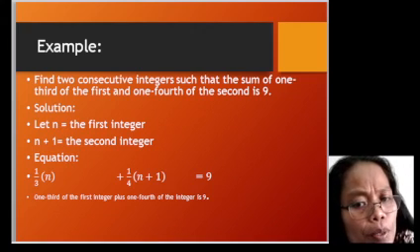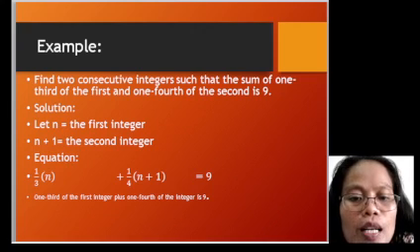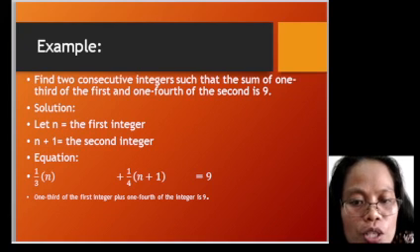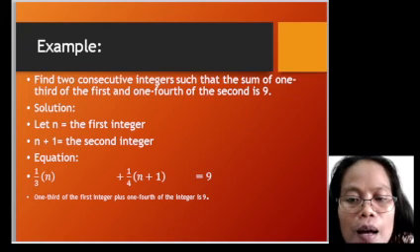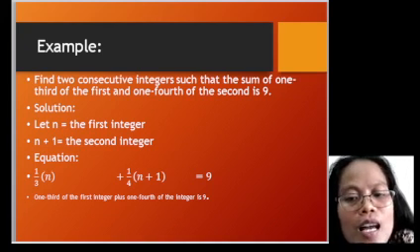So what shall we do if it is a word problem? What have you noticed? There are two consecutive integers, and the sum of 1/3 of the first and 1/4 of the second is 9.